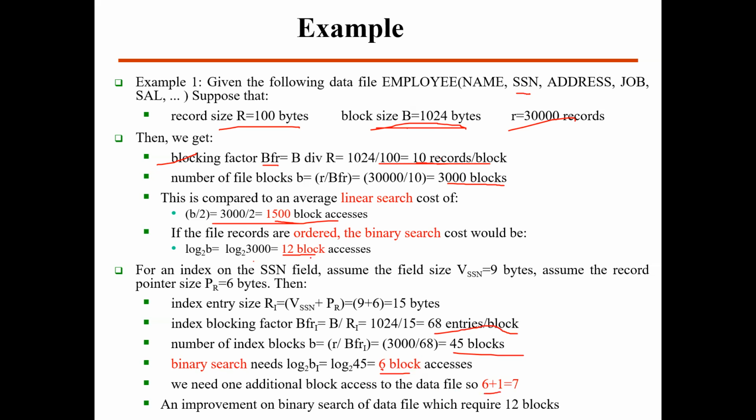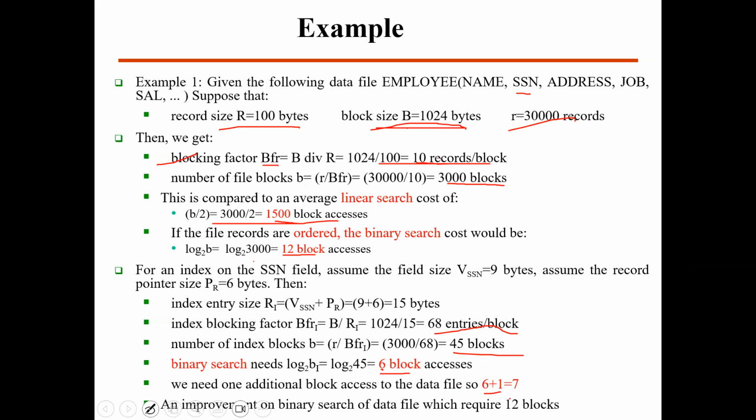So this is again an improvement over the ordered binary search when we search from the index. So 7 is lesser than 12. In this example the difference is not much between 7 and 12.